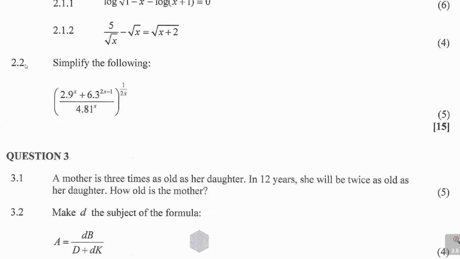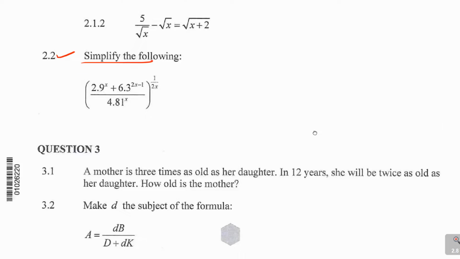That is question number 2.2. Simplify the following. It's 5 marks, so it's got a bit of marks, and it's exponents. I don't know why this is exponents reloaded, but it's not difficult. You needed just to know what you're doing.